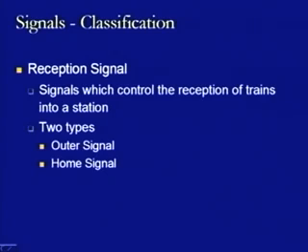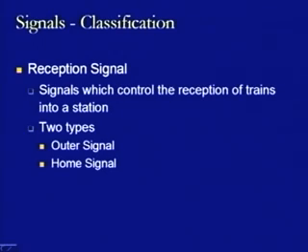The previous 2 categories of signals which we discussed in the previous lecture can be attributed to the block sections, whereas now we are looking at those signals which are very much related to the station section or area. Here we have 2 types of signals.